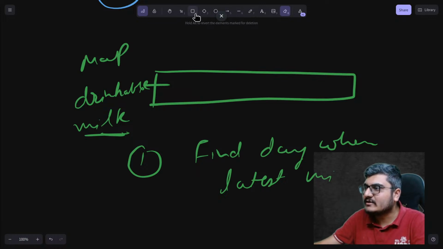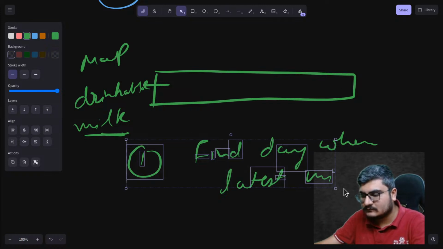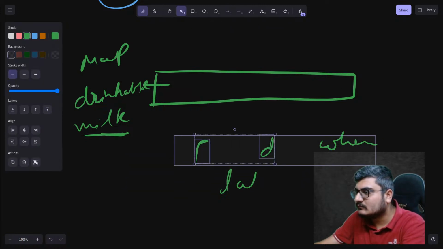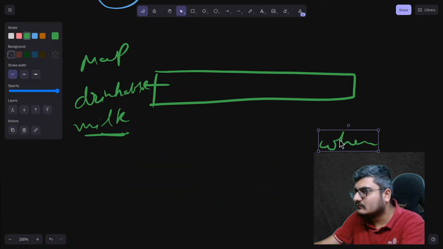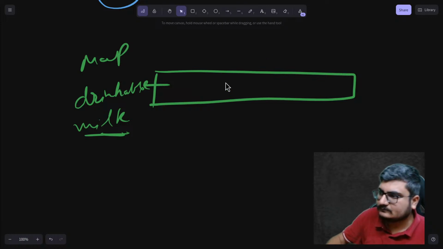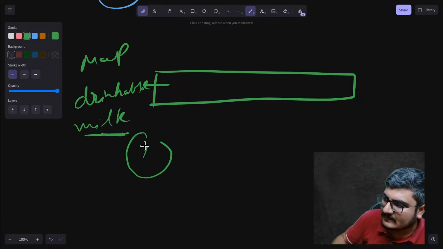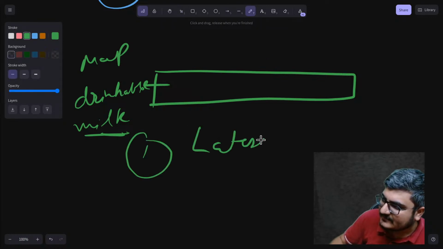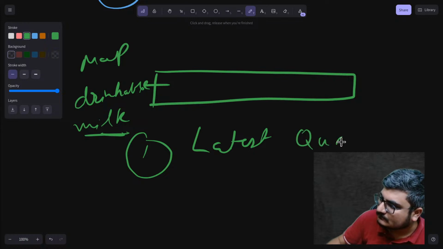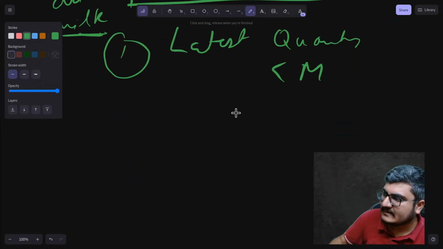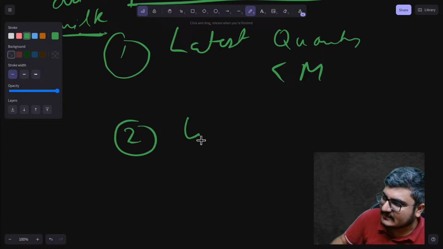And let's handle 2 cases separately here. Latest milk quantity is less than m. Latest milk quantity is greater than or equal to m.